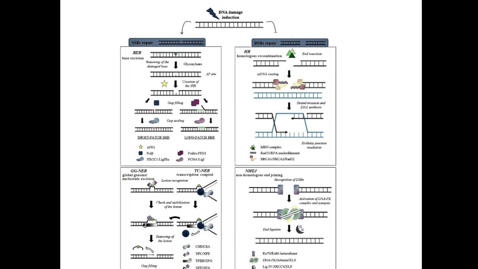It takes place in S or G2 phases of the cell cycle. If it is G1 phase of the cell cycle, it will be realized through non-homologous end joining with loss of genetic material between the breaks. It's more dangerous.